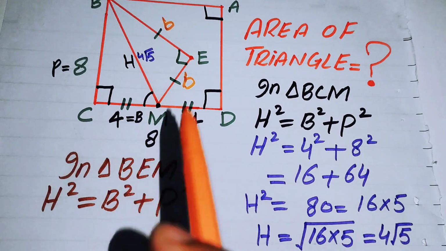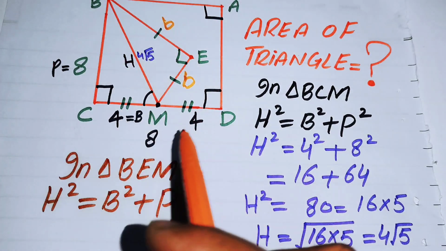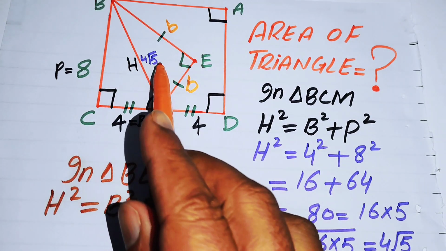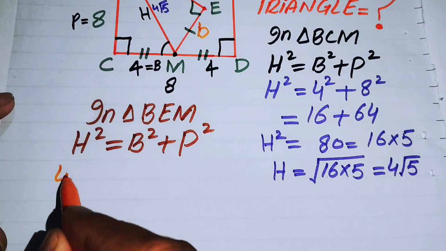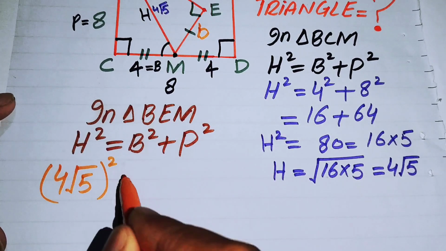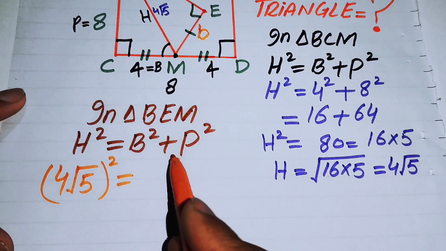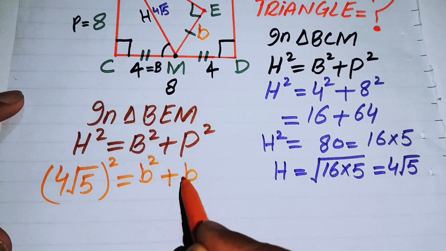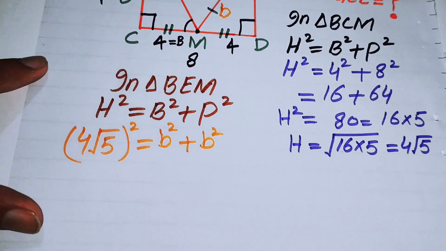So here we substitute the values of h, b and p. Our h will be 4 times square root 5, so we write 4 times square root 5, and its whole square equals our base and perpendicular, which are equal, so b squared plus b squared.